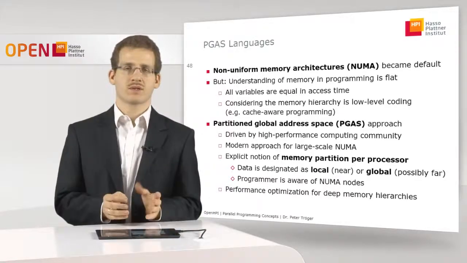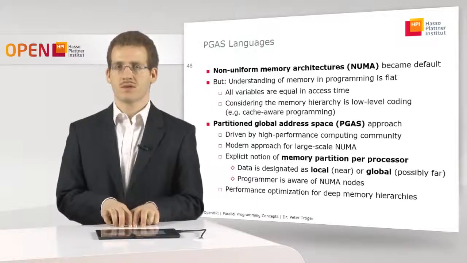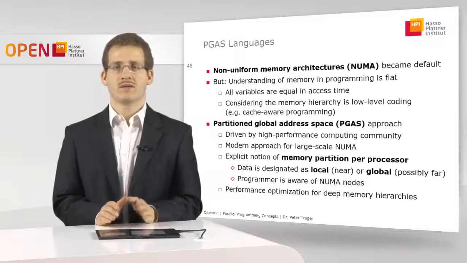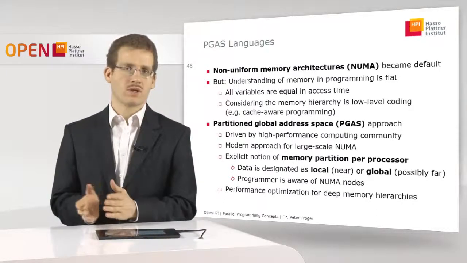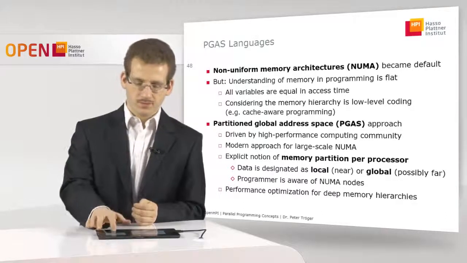So PGAS languages basically add another concept into the shared memory programming language world, where they say we add an idea of local and global or local and remote memory access inside of our language.